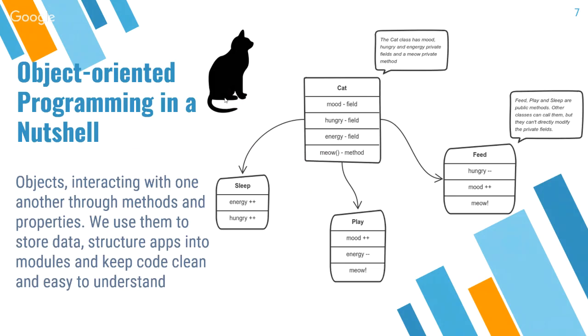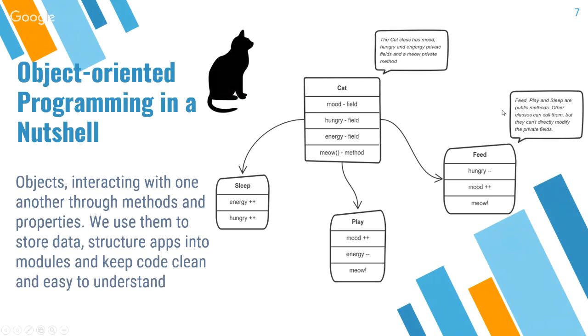So in general, what's important to memorize is that in object-oriented programming, different objects interact with one another and change one another, and that's what modern-day real-world apps use to structure their code.